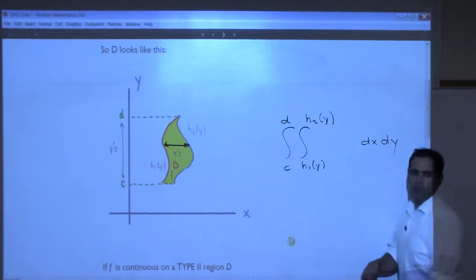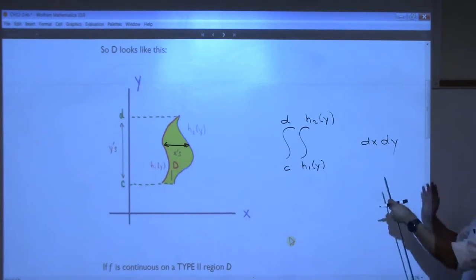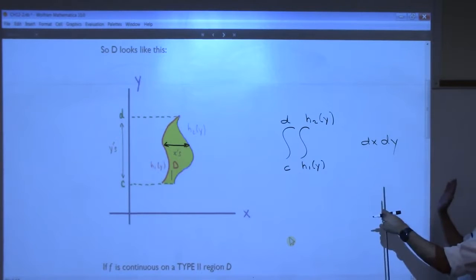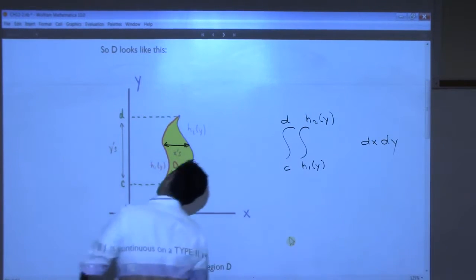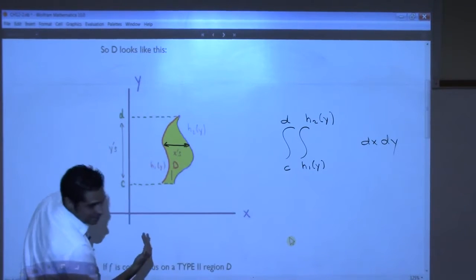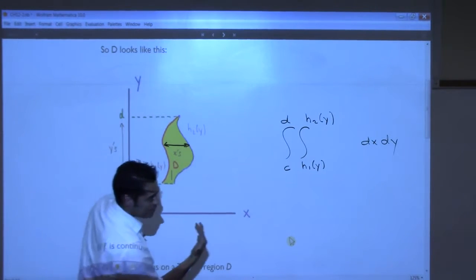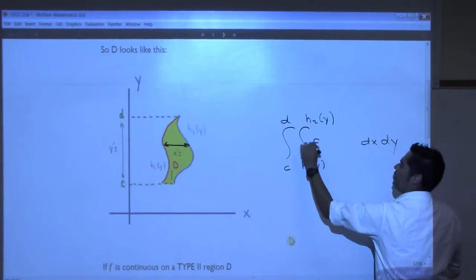With G1 and G2 it was easy because you could say G2 on top, G1 on the bottom. This one, H2 is the right one, H1 is the left one. Or if you turn your head sideways, it's the same thing as a type 1. Understand? All right, and then in here is the f of x y.